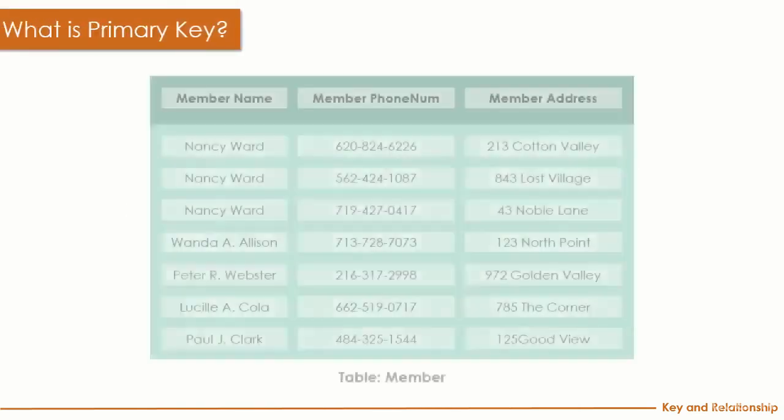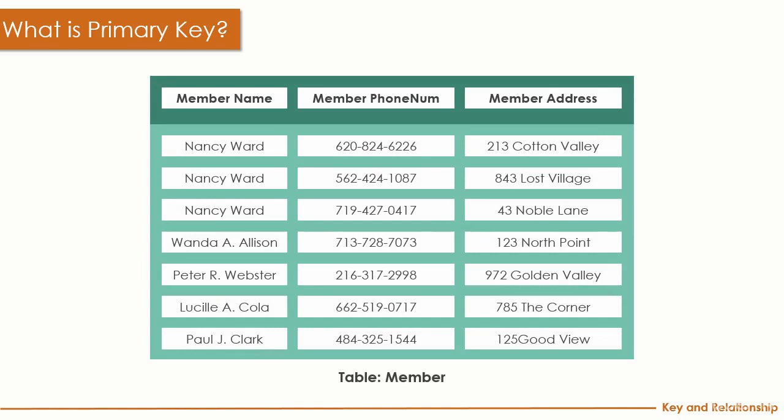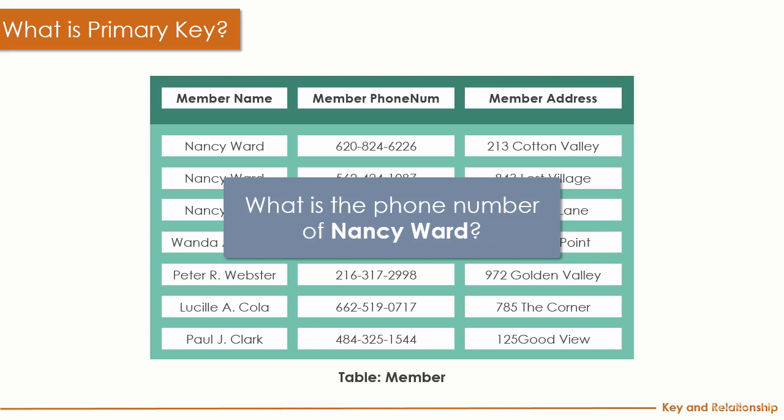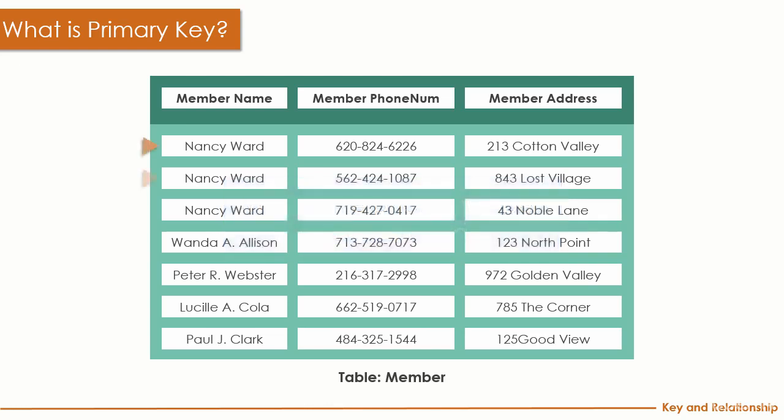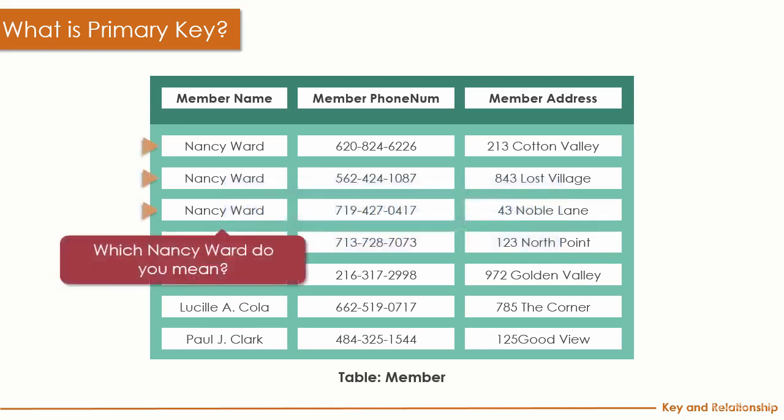Let's take an example. We have a member table here with so many records. If I ask, can you give me the phone number of Nancy Ward? The problem is we have three Nancys here. Which Nancy do you want?